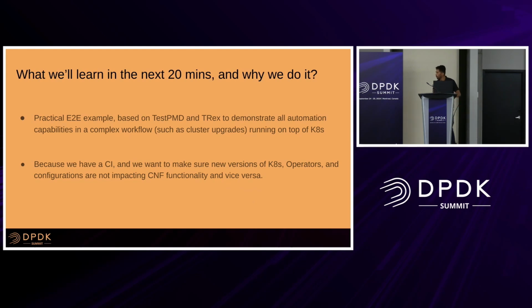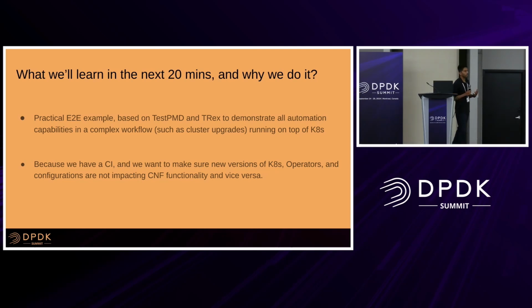Before starting, I would like to make clear what we do and the reason for this presentation. I work in a team where we test CNFs for telcos, multiple partners, and we use a platform of Kubernetes, in this case OpenShift.